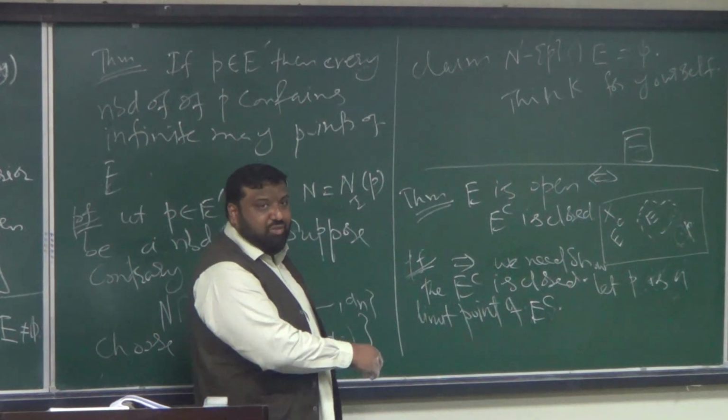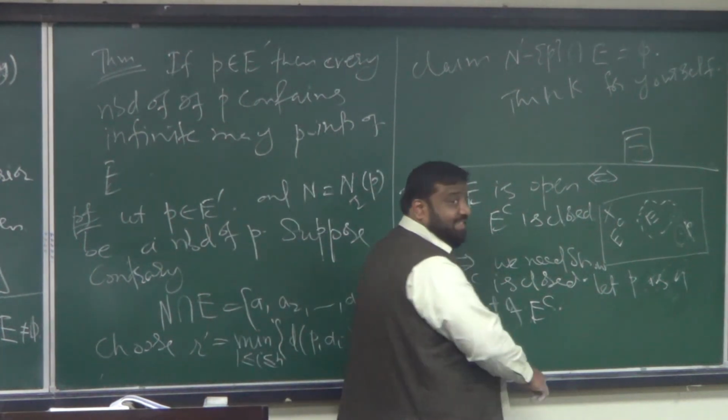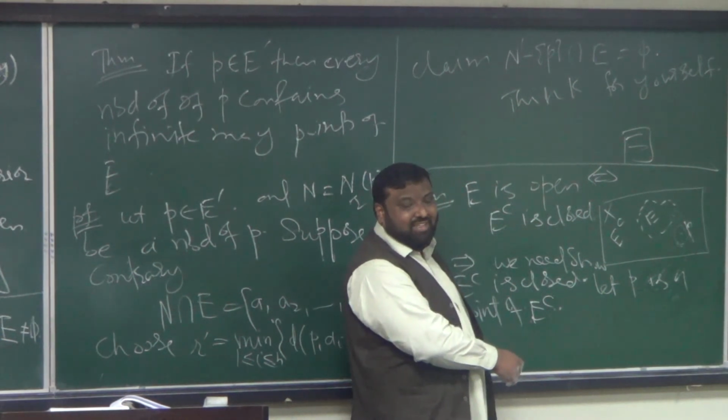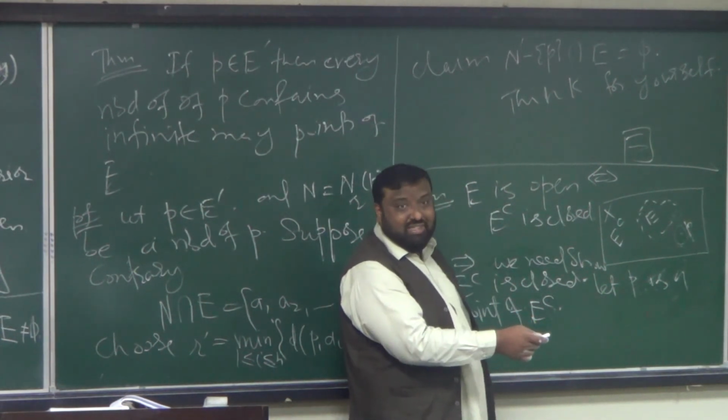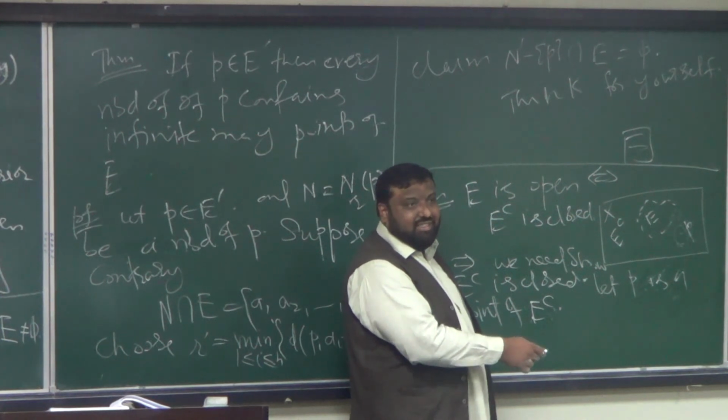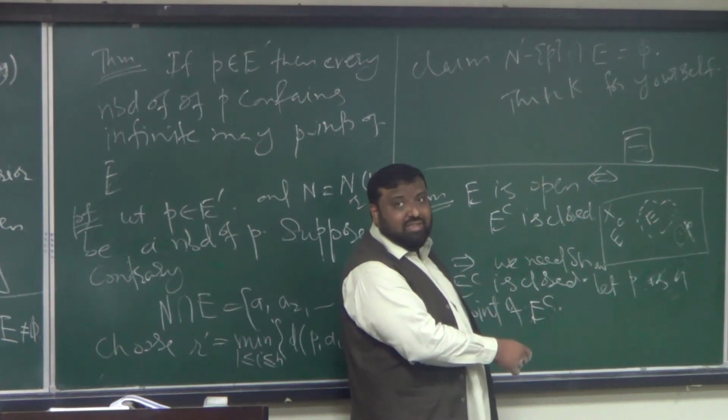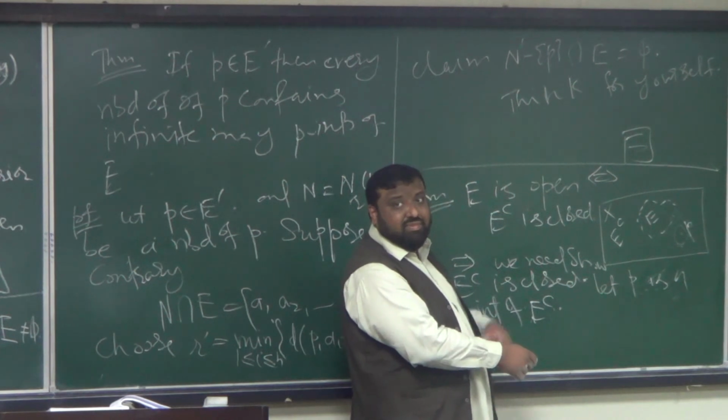Okay, your argument. Tell me what should I write? I want to write what you are describing. X cannot be in E because of this argument. Thus X belongs to E complement.